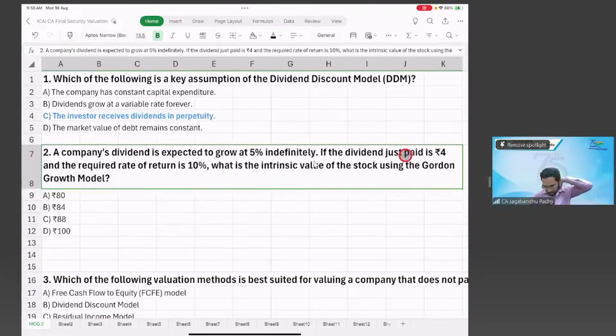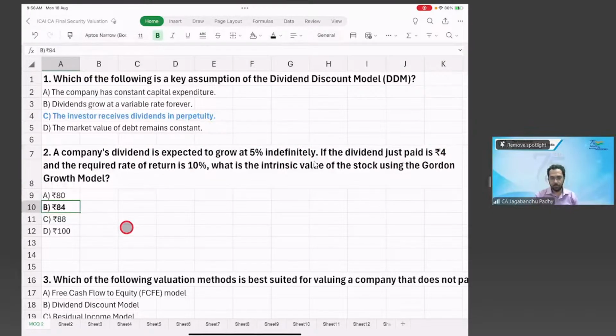Remember, it's the dividend which has just been paid. So this 4 is D0. 84 will be the answer, because you take D0 as 4, so D1 will be after adding a growth of 5%, then divided by 0.1 minus 0.05.